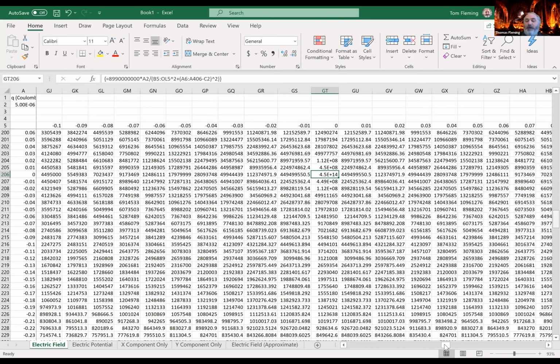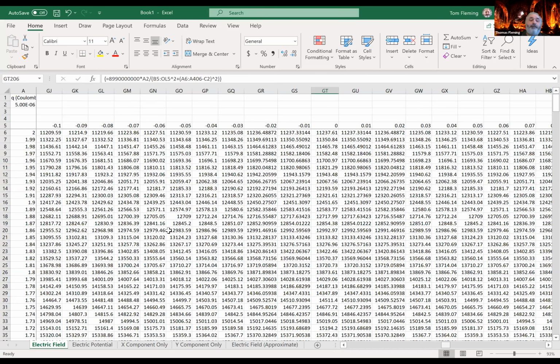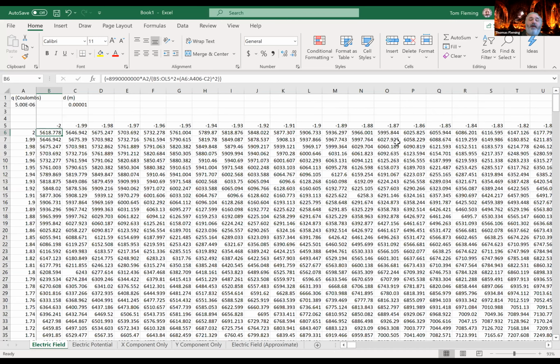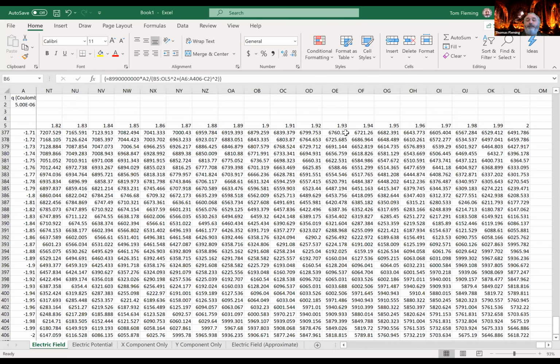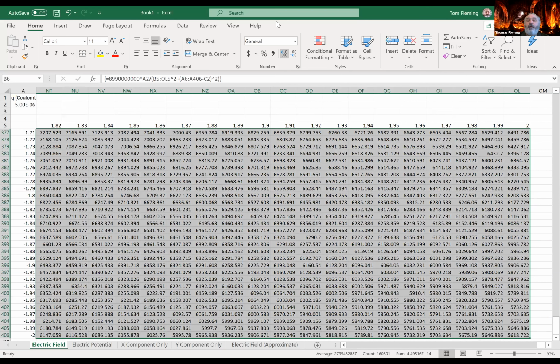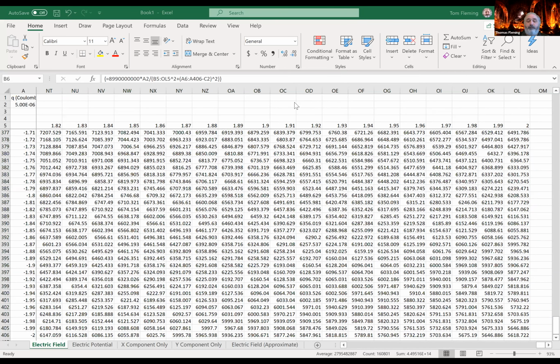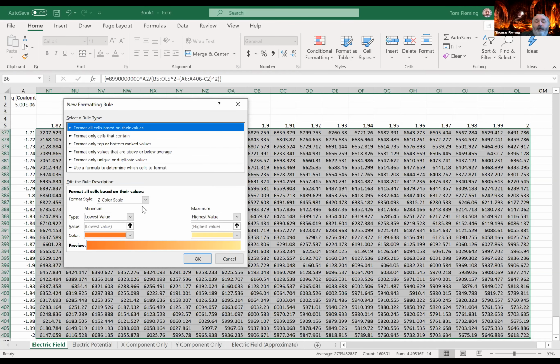Like what I did a minute ago when I was debugging, I highlighted all my cells, and then I went to conditional formatting and made a new rule.